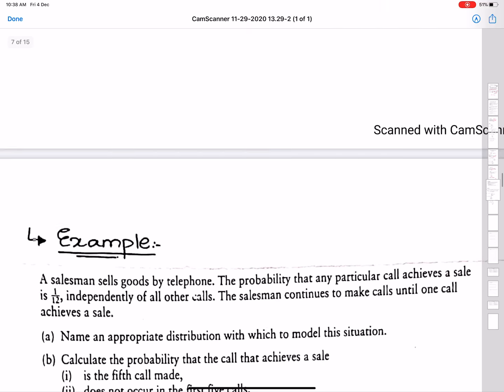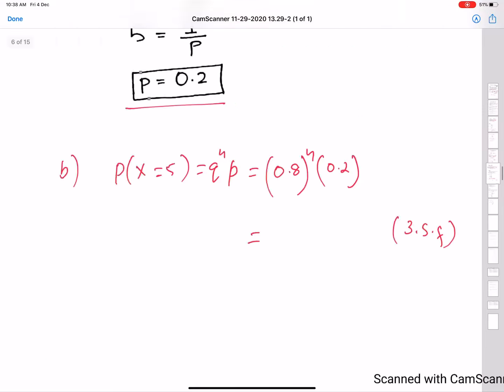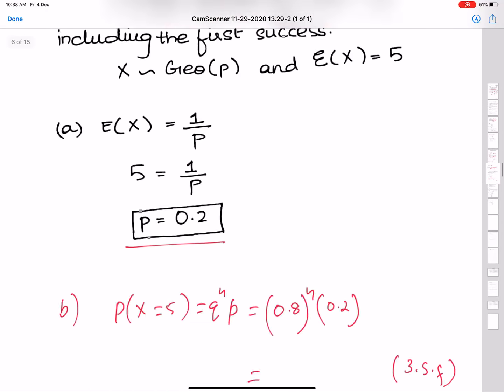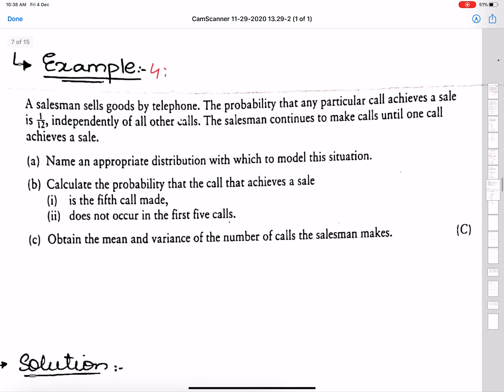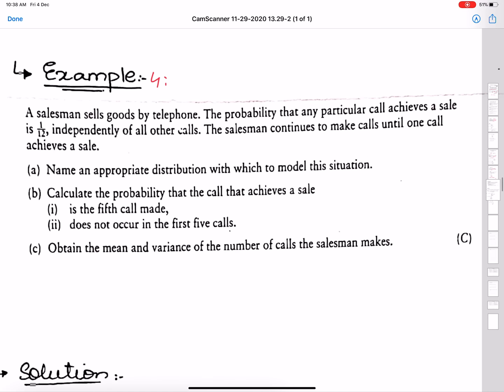This is the example number 4. A salesman sells goods by telephone. The probability that any particular call achieves a sale is 1 upon 12.